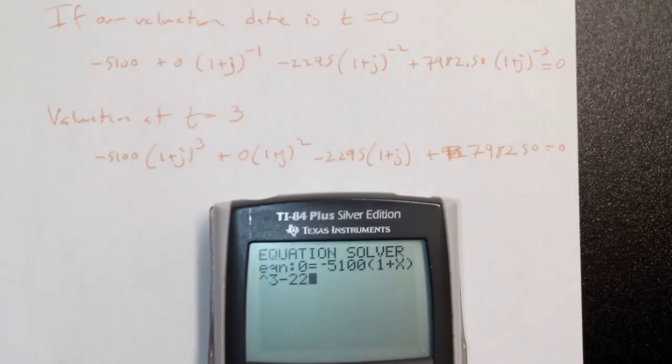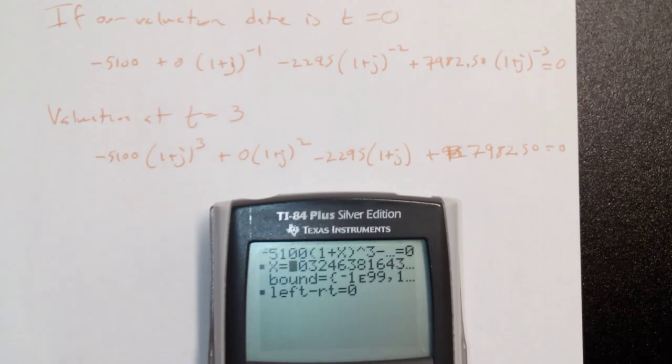Minus 2295, 1 plus x to the first plus 7982.5 should be equal to 0. And again, that's the solve from the previous one. So I have to hit the alpha and the solve button, which is right above. Enter, alpha, enter. My interest rate here per 6 month is 3.25%.